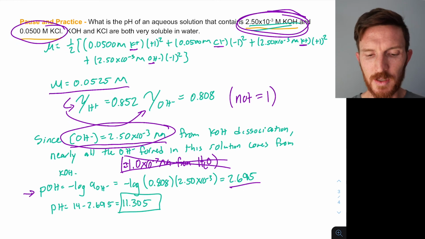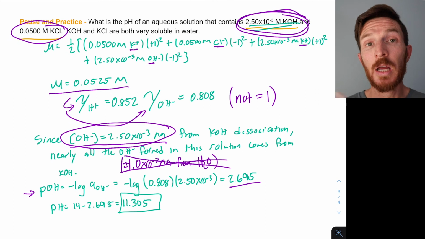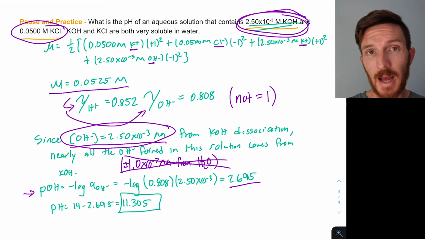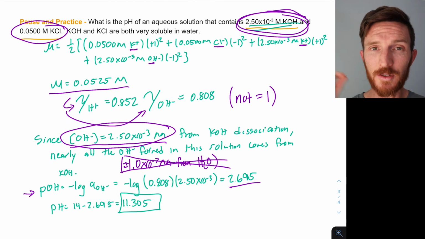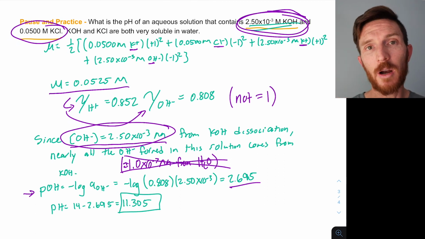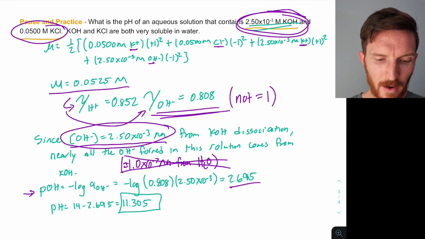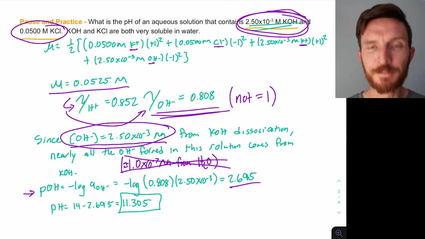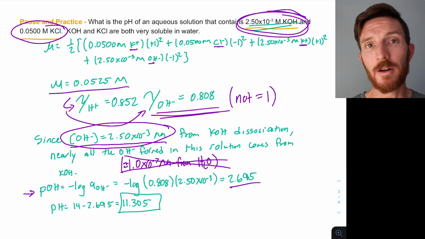We get 2.695, and then our pH ends up being 11.305. So we have a fairly high pH. It's a strong base that we added into our solution, but we also needed to consider not only our potassium hydroxide, but also the potassium chloride's influence on our activity and how it reduces the activity coefficient of H plus and OH minus in our solution.